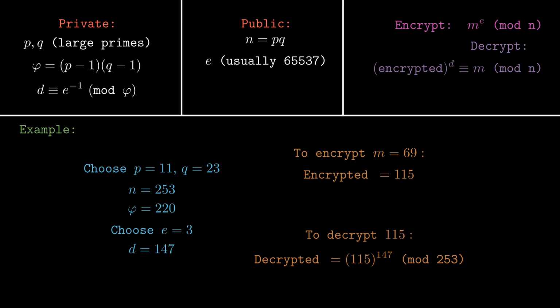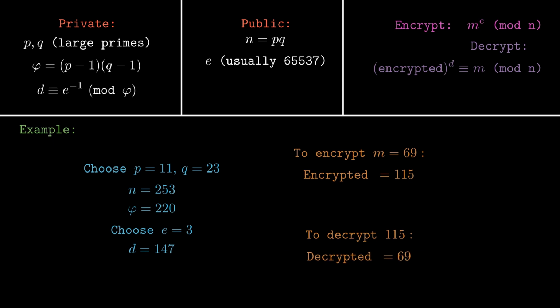Again, it's easy for computers to do exponentiation in the world of mod, since because of our time-saving tricks from earlier, all they need to do is repeatedly multiply by 115 and then take it mod 253 at each step, so the calculation never gets bigger than 253. So if we use some Python code to evaluate 115 to the 147 mod 253, we indeed get that 115 to the 147 is congruent to 69 mod 253, which is the secret number.